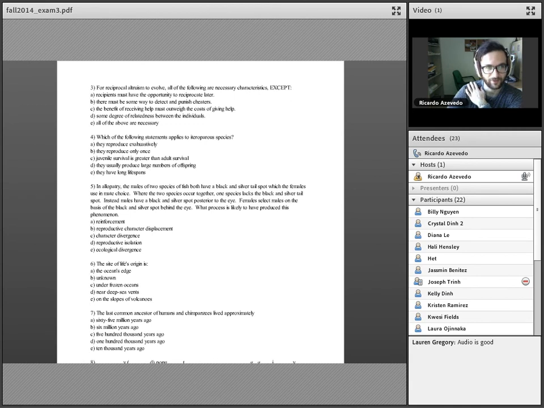Okay, so for reciprocal altruism to evolve, all the following are necessary. Again, just to remind you, reciprocal altruism should be known by the other term, which is tit for tat, the idea being this for that, or what have you.